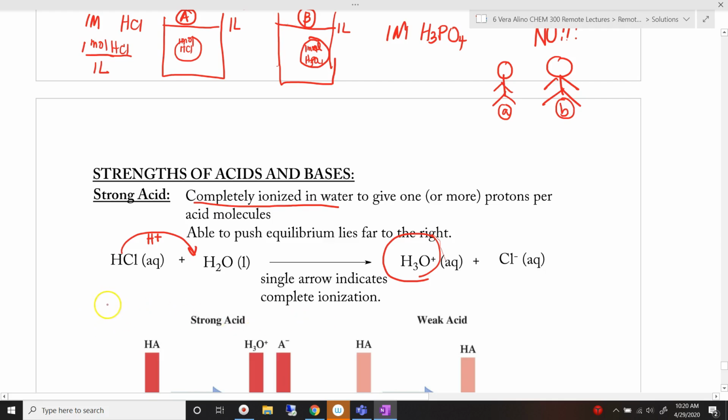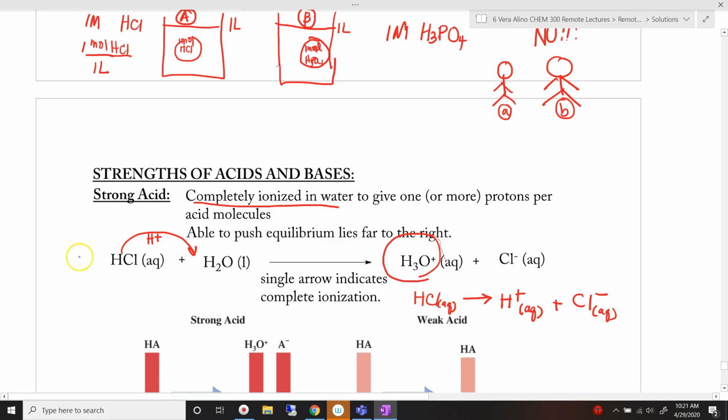Now, in other textbooks, it's simplified. It's written out this way. So you have HCl, and instead of putting water as a reactant, it's just placed as aq, which implies that your HCl is in water, and that means that your acid breaks apart into its ions. It's going to completely dissociate into its ion form, and it's also indicated by a single arrow.